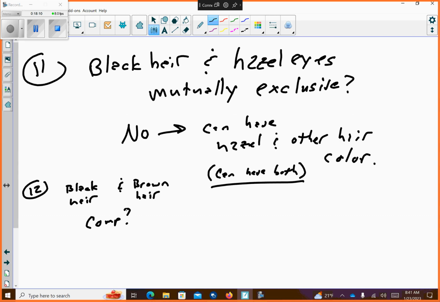No, they're not complementary because we have other hair colors that exist. So they're not complementary. Other hair colors exist. Okay. All right. And then 13 should be pretty quick.